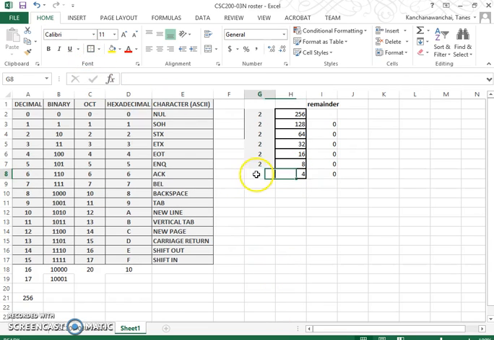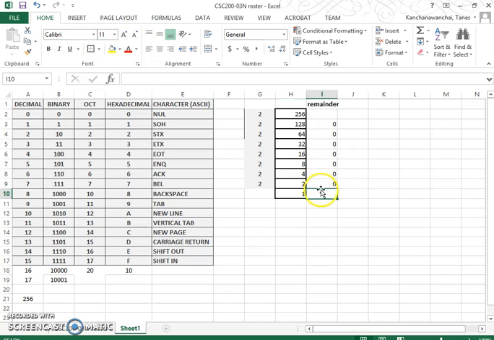So I happen to pick a number whose remainders are all 0, because there's a situation you may have 1, right? So 4 divided by 2 is 2, remainder is 0. And 2 divided by 2, what do you get? 1, remainder is 0, right? And then you take 1 divided by 2, you get 0, remainder 1.